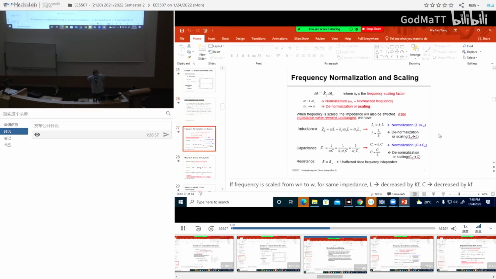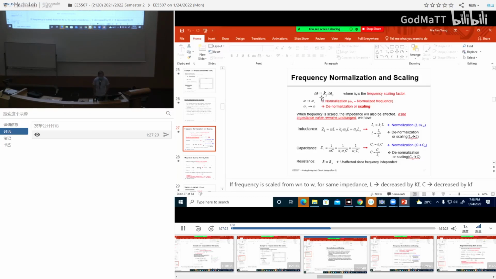In terms of real mathematics, what does it mean? I have a normalized frequency which I call omega n, and Kf is the scaling factor. I will design everything using omega n, and then finally apply the right scaling factor to shift it to the frequency I want.